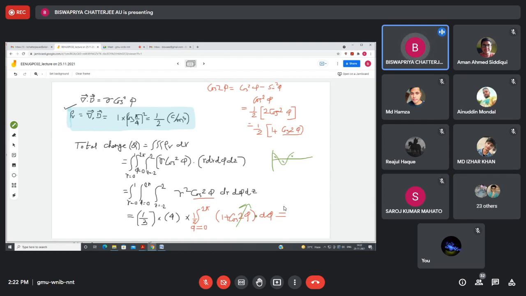So the integration of cos 2 phi from 0 to 2 pi is 0, and if you integrate 1 into d phi, it will be only 2 pi. So the ultimate answer will be 2 by 3 into 2 pi, so 4 pi by 3.